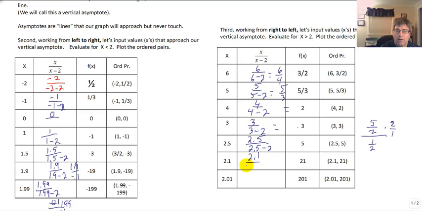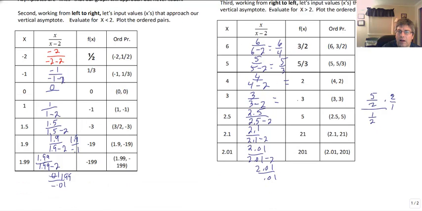And 2.1 over 2.1 minus 2 is 21. And 2.01 over 2.01 minus 2, which is what? 2.01 divided by 0.01, which is 201. So the output, the y's keep going up, up, up as I get closer to inputting 2. My y's, my outputs get higher and higher and higher.